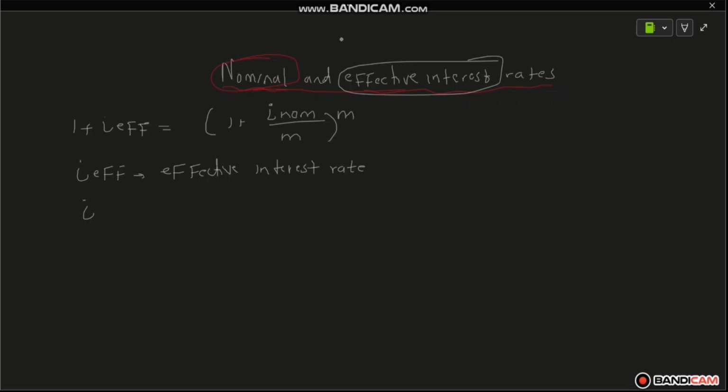I nominal is the nominal interest rate. Remember, it is the stated rate or advertised rate by the banks. Then M is the compounding period. We talked about compounding period in our previous lesson.